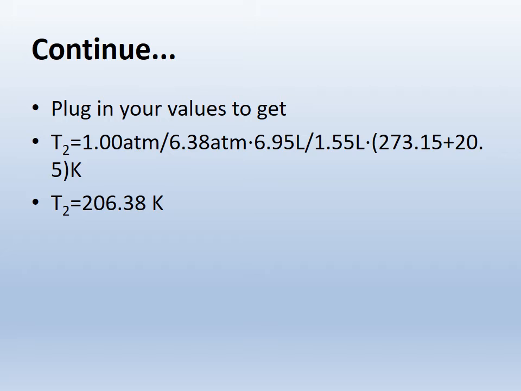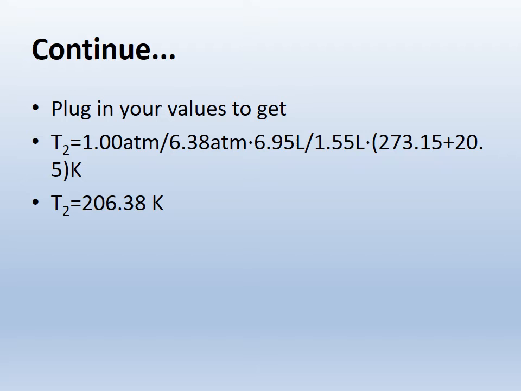So you are seeing here that when you plug in your values, T2 will be equal to what? 1 upon 6.38, right? Into what is the value of V2? That is 6.95 divided by V1.